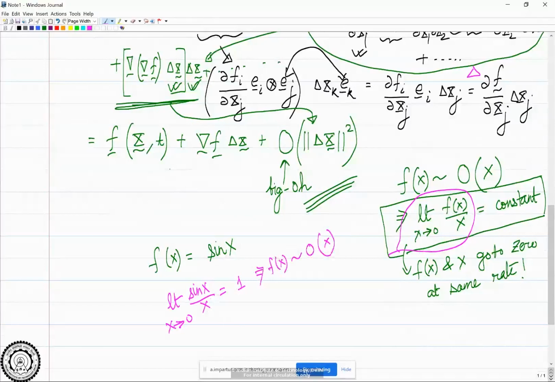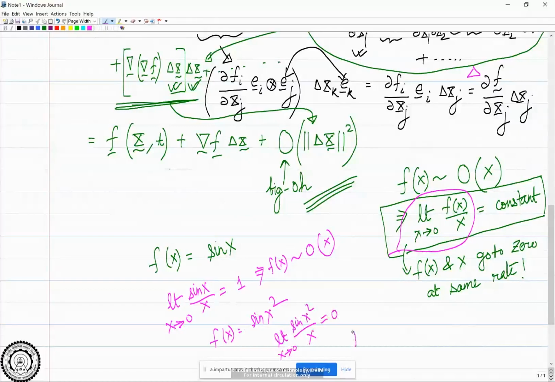If it were sine of x square, let us say if f of x was equal to sine of x square, then when I take the limit sine x square by x, it is still equal to 0. So that doesn't mean that f of x is of the order of x. I have to divide by a quantity and see when it is becoming a finite number, some non-zero number.